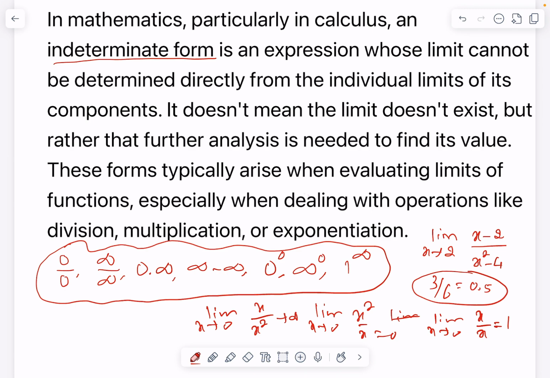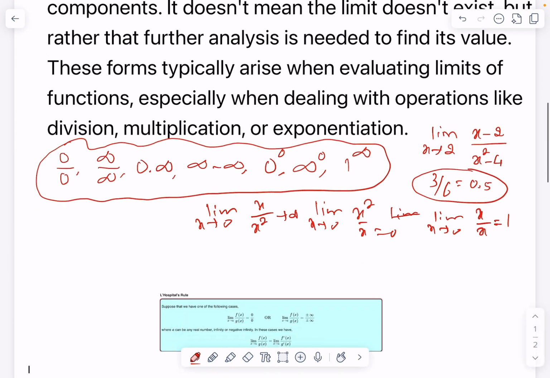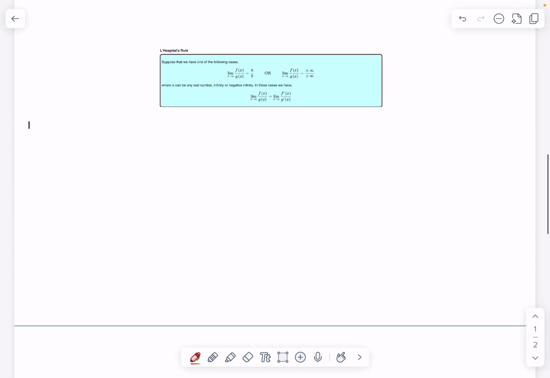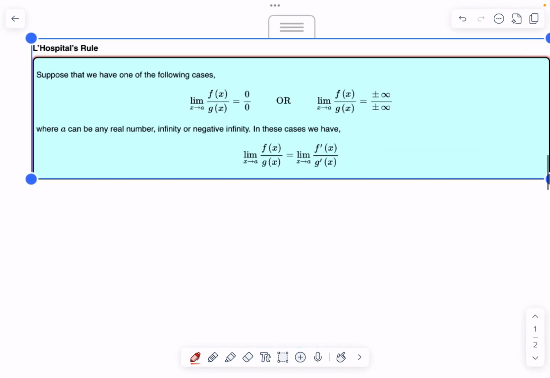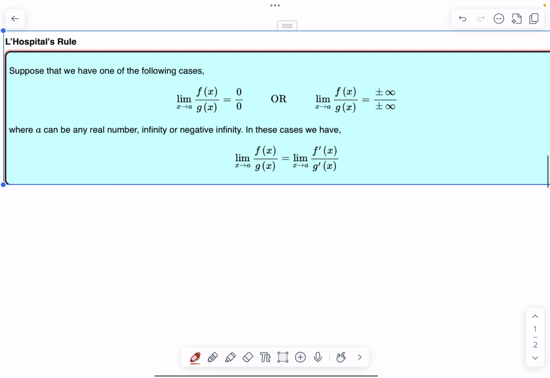Now, if we come across this kind of indeterminate form, then there is one theorem that helps us to evaluate the limits. And that theorem is known as L'Hopital rule. This theorem is like this: suppose limit x tends to a, f x by g x is 0 by 0 or infinity by infinity.